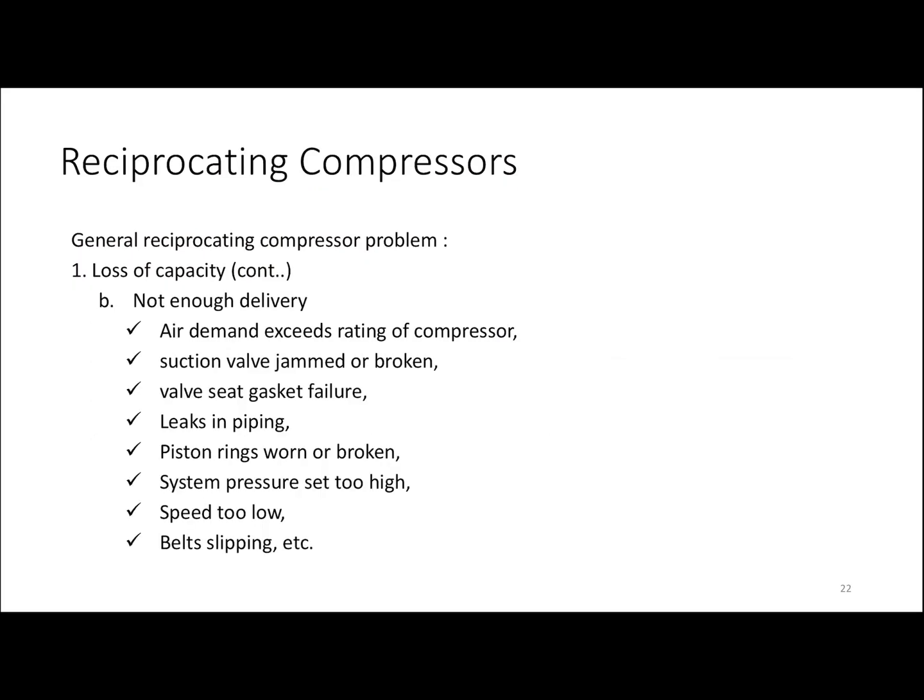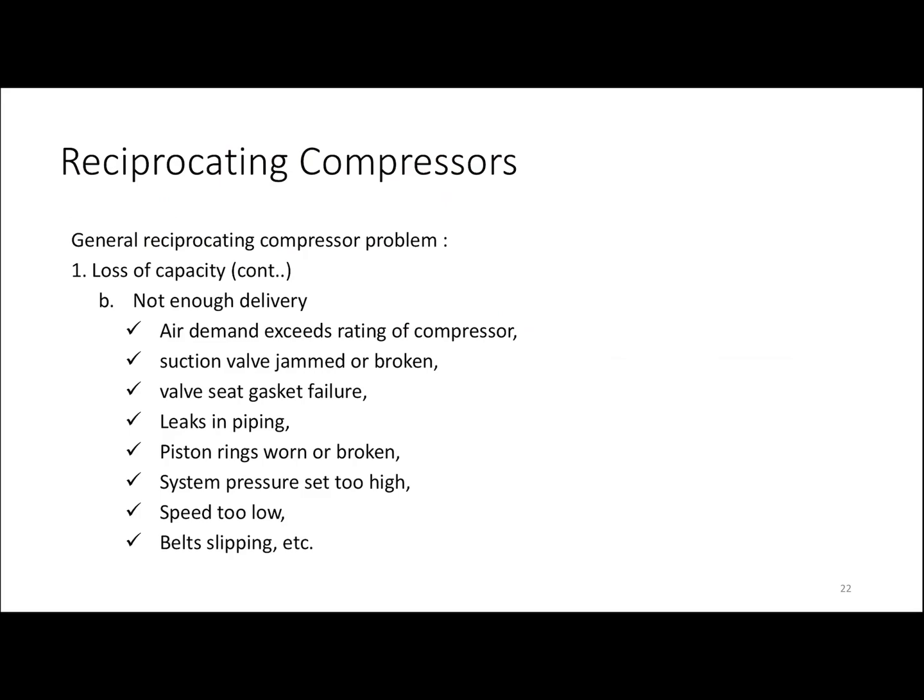And then if there is no delivery from the reciprocating compressor, usually it is because air demand exceeds the rating of the compressor, or because of a suction valve jammed or broken, or valve seat gasket failure, or leaks in piping, or piston rings stuck or broken.